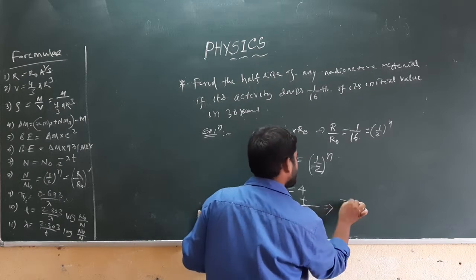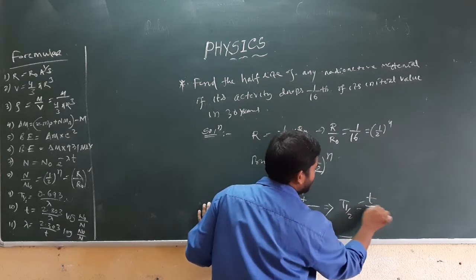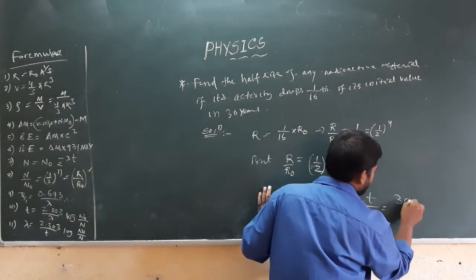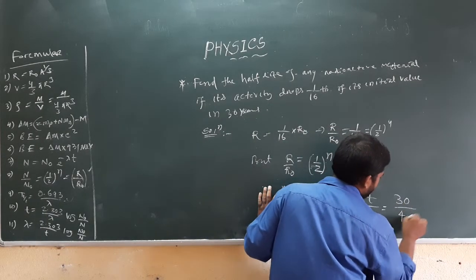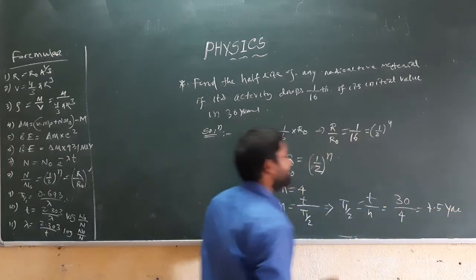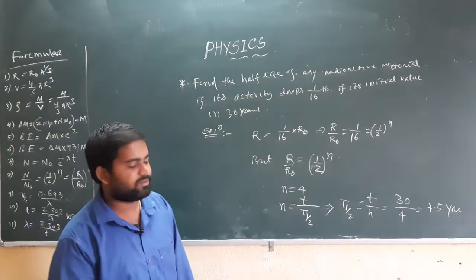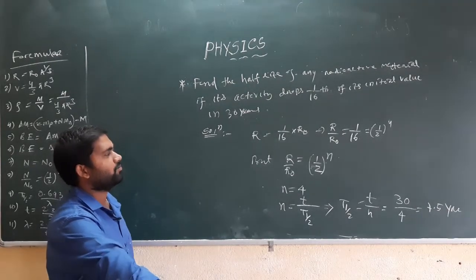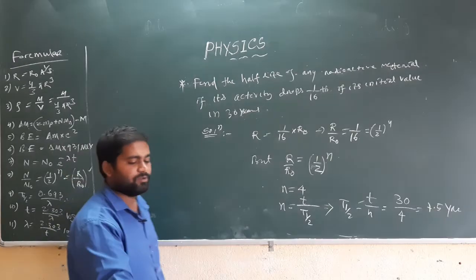It implies T half equals small t by n. Small t, the time, is given as 30, divided by n equals 4, that is 7.5 years. So after 7.5 years the activity of the sample drops to 1/16 of its initial value.